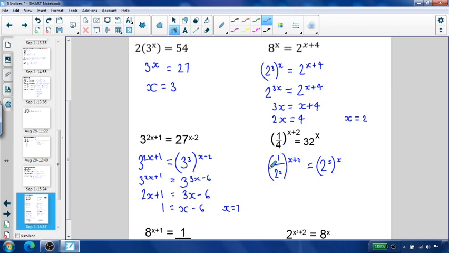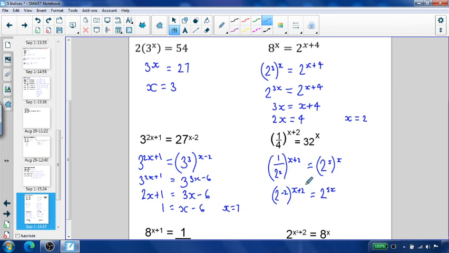So now let's try and get rid of this fraction part. I'm going to use my knowledge of negative powers. So I'm going to rewrite that as 2 to the minus 2 to the power of x plus 2 and equal that to 2 to the power of, now I'm actually going to expand this out, 5x.